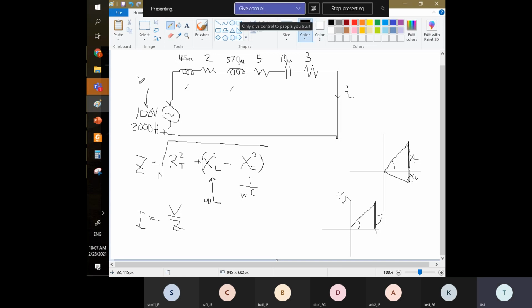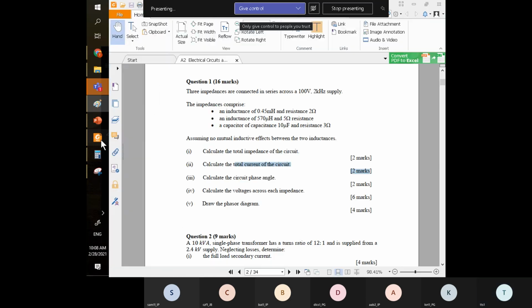This one is a V maximum. You need to take note. But usually for any engineer, they will assume this one is the RMS. But if I refer to the answer, it is a Vmax.